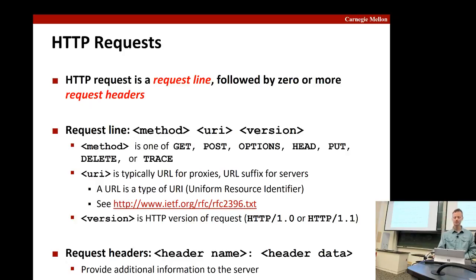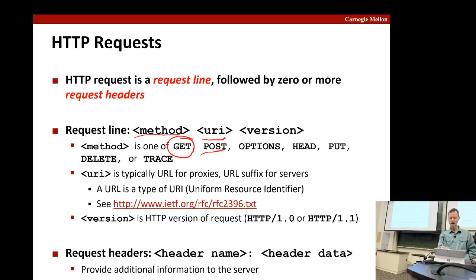HTTP requests. The one you're probably most used to is the GET request. That's the one that says, I'm a client, I want to fetch something. There's also POST, where you push the information the other way, and some that are less common. A request takes a method, like GET or POST.